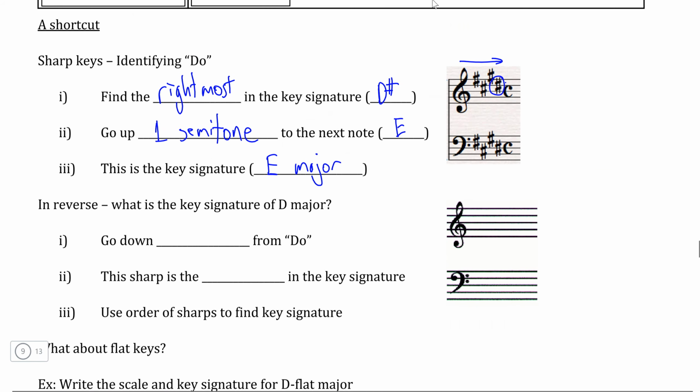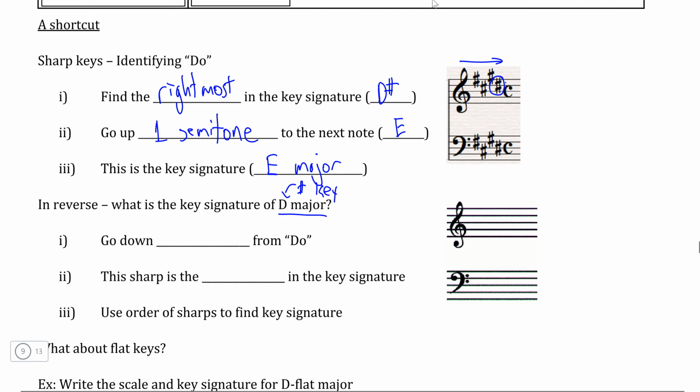But what about if we were to do this in reverse? What happens if we know what the starting note of the scale is, in this case D major for our example, and we want to go the other way? We want to use a shortcut to identify the number of sharps that are in D major. Well, we know that D major is a sharp key because if it were a flat key, it would be called D flat major rather than D major.